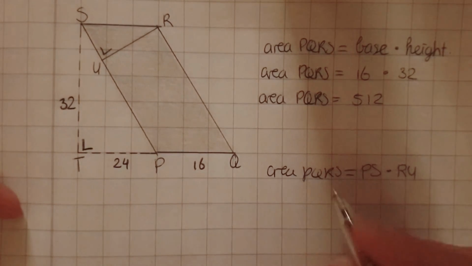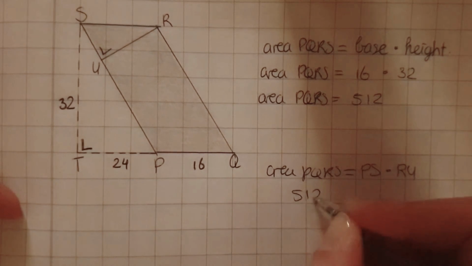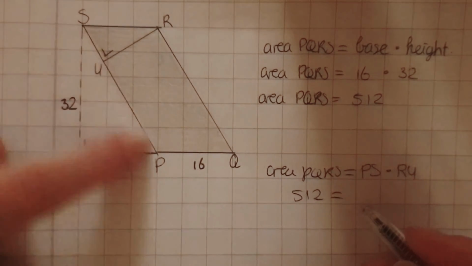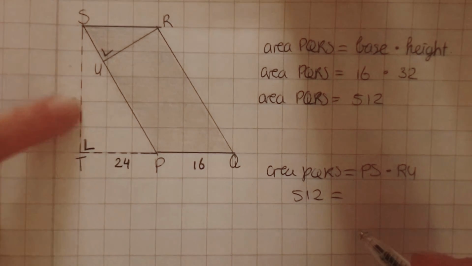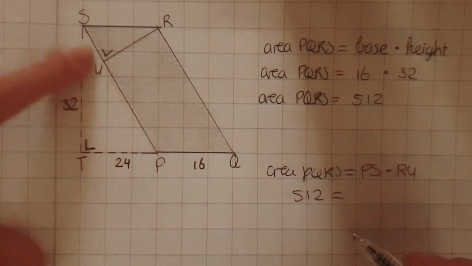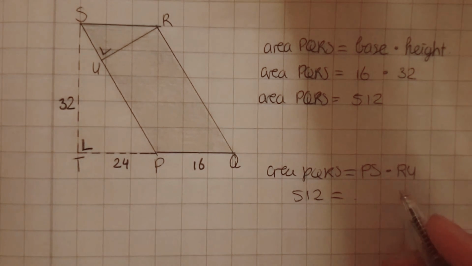So now I'm going to fill it in. I already know the area because I already calculated it's 512. And then PS is the base. I don't know it, but I can calculate it because over here is a right angle triangle and I know this is 32 and this is 24. So I can calculate PS and then I can fill it in. And I don't know RU, of course, but once I know PS, I can calculate RU.